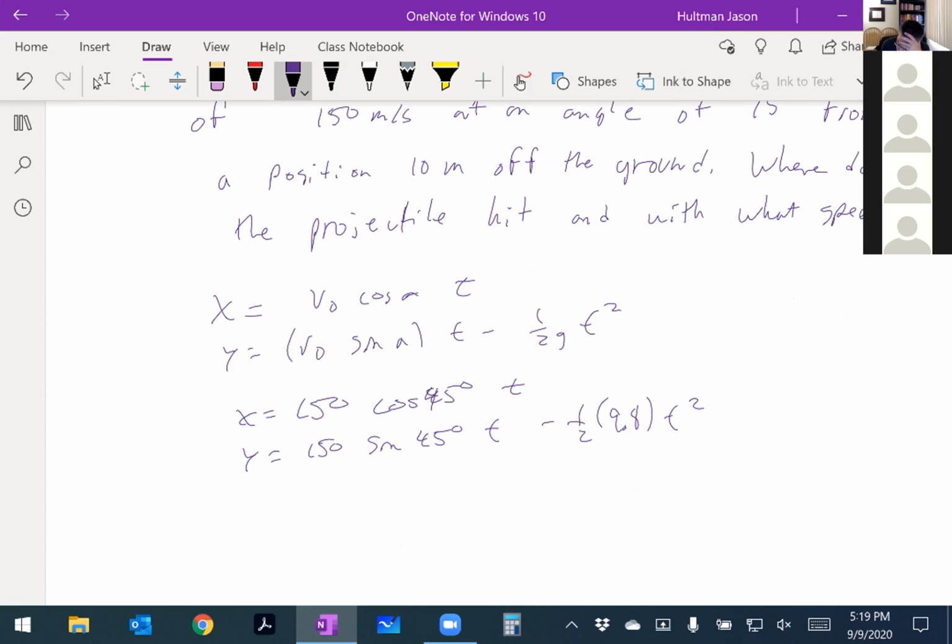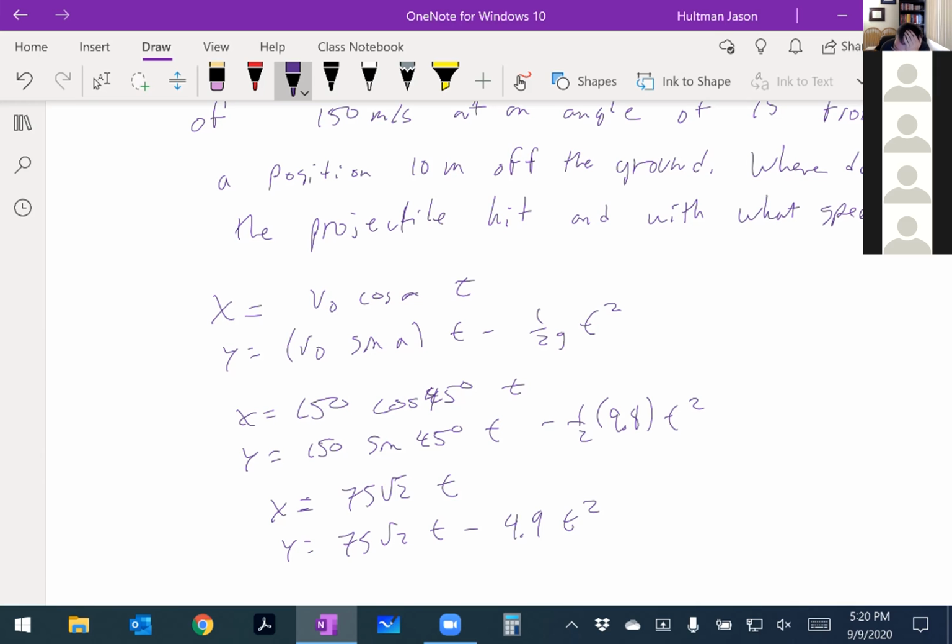This is going to be 75 radical 2 t: x is equal to 75 radical 2 t, y is equal to 75 radical 2 t minus 4.9 t squared.